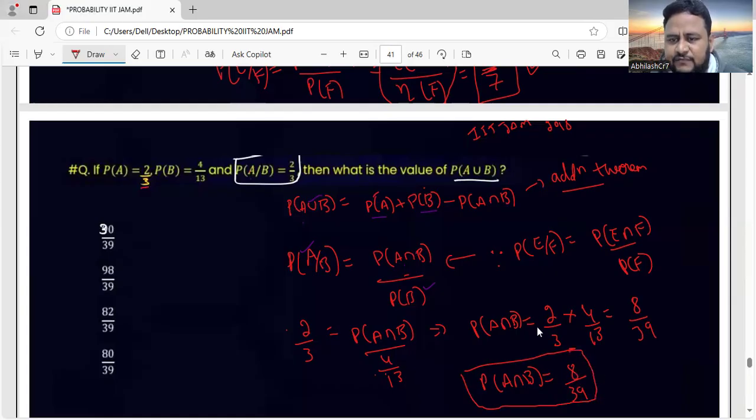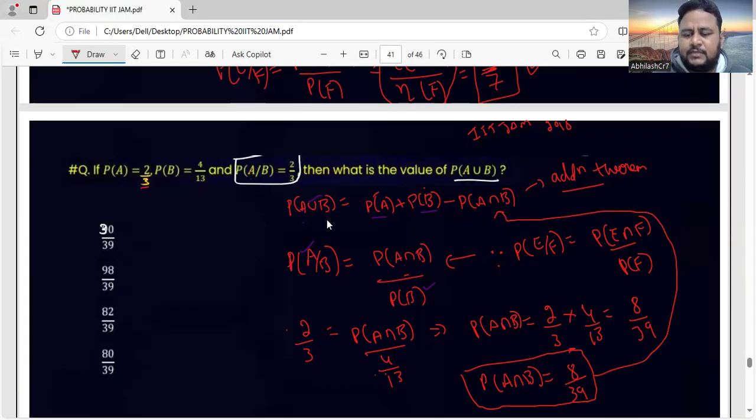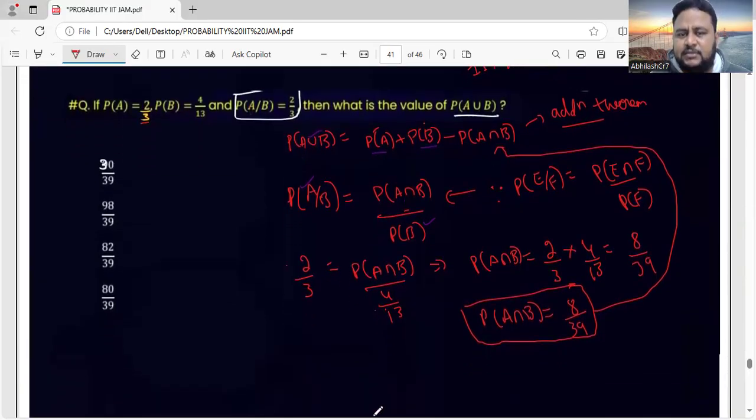Now this value we have to put in the formula so that we can find probability of A union B. First we got A intersection B so that we can find probability of A union B. Now let me apply that here. Observe carefully.